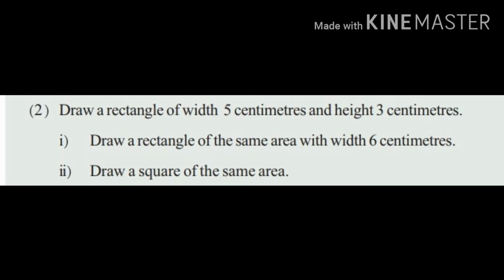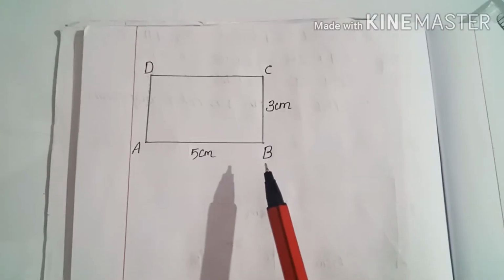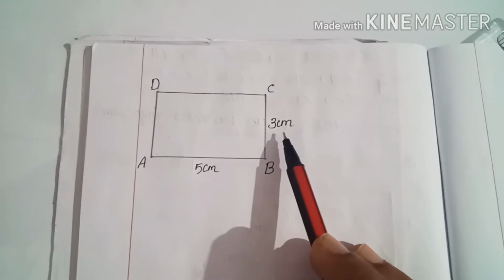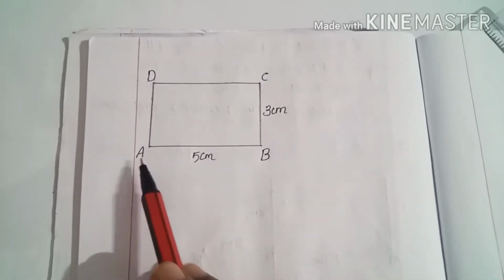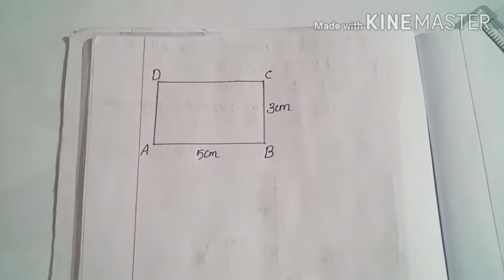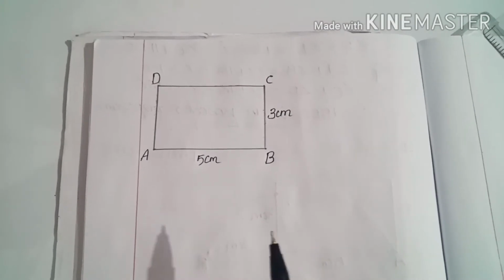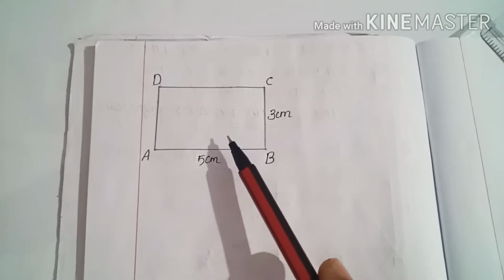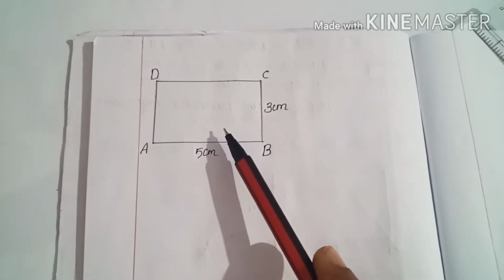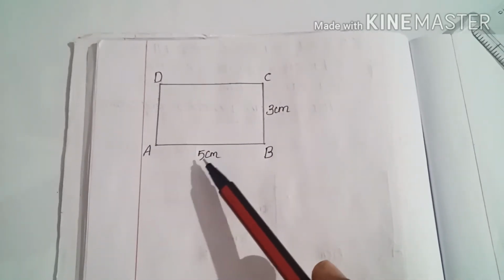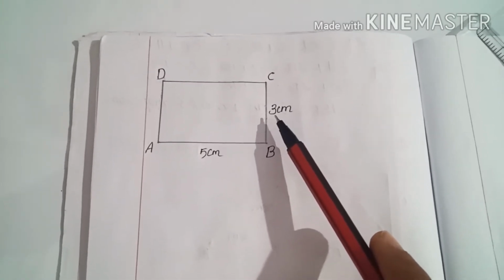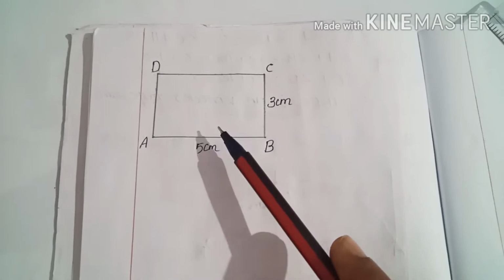So let's draw the rectangle first. This is a rectangle with length 5 cm and breadth 3 cm, rectangle ABCD. Now the question is to draw another rectangle with the same area as this rectangle. Whatever the area be, here it is 5 threes are 15. So 15 centimeter square is the area of this rectangle.